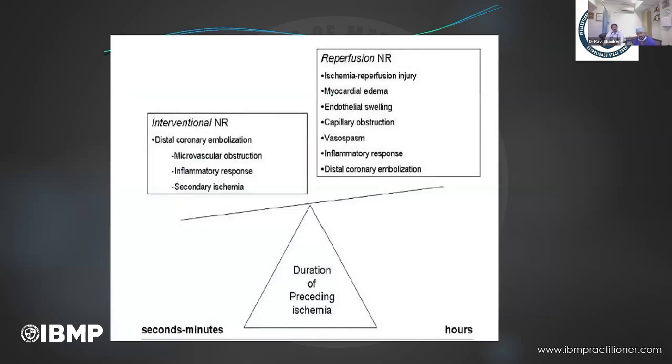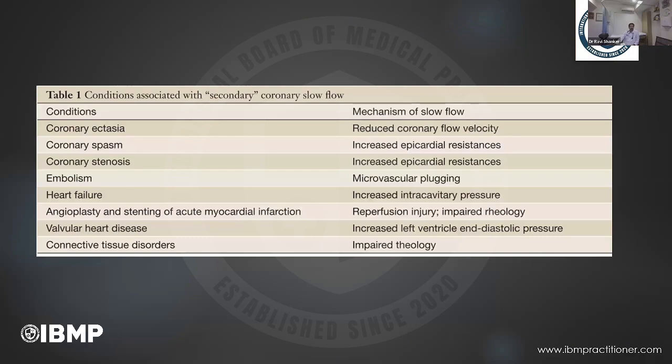So these are a few conditions with interventional distal coronary embolization, microvascular obstruction, inflammatory response, and secondary ischemia-reperfusion injury, myocardial edema, endothelial swelling, and the duration of the preceding ischemia. All these things predict no flow or reflow.